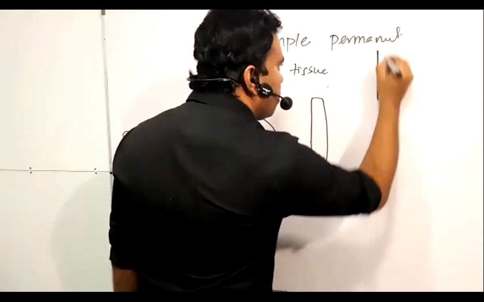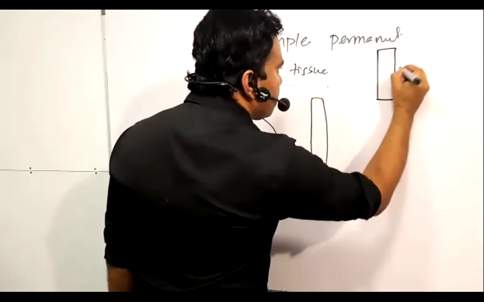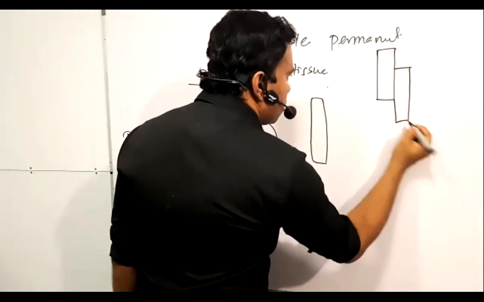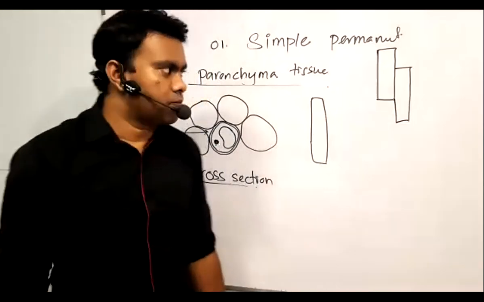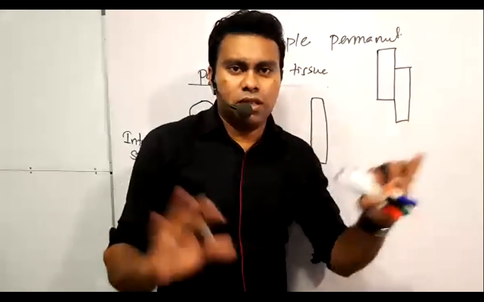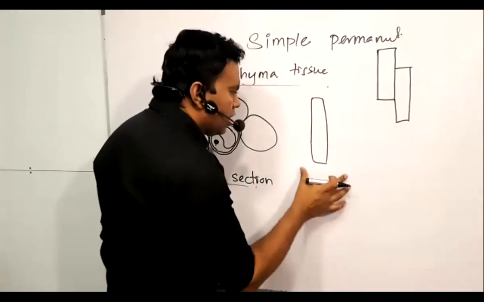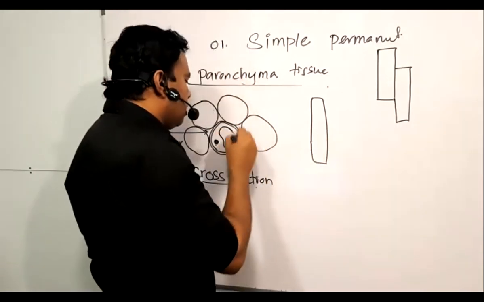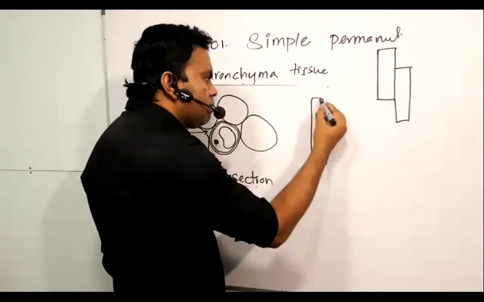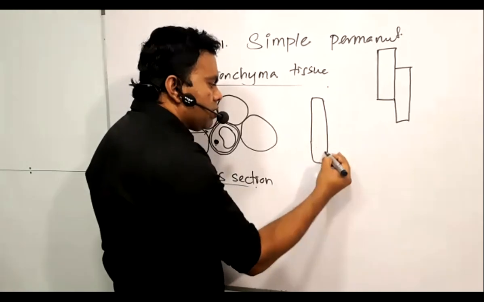Don't draw like this, okay? They are not joined with cement. Right? So they are live. Okay, the very smooth and simple primary cell wall exists.